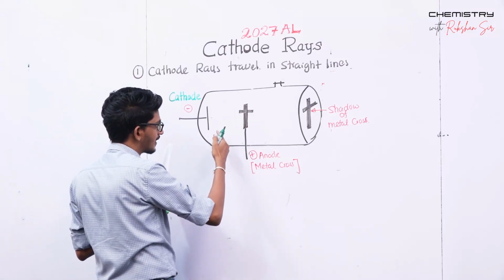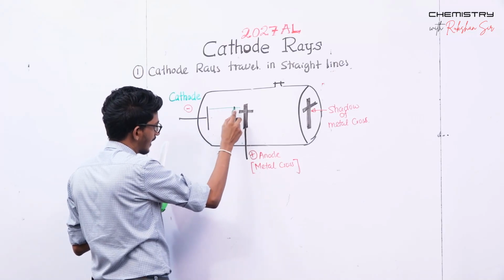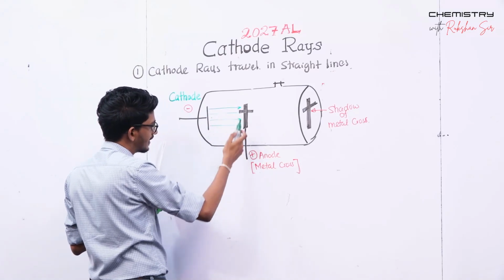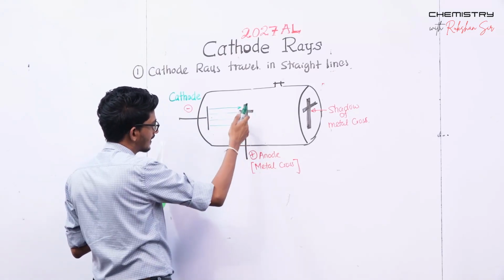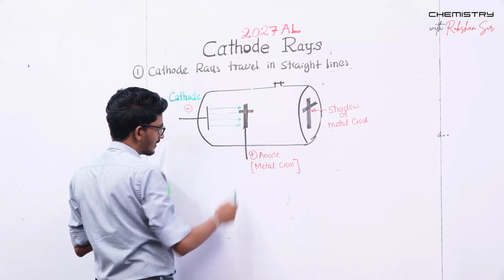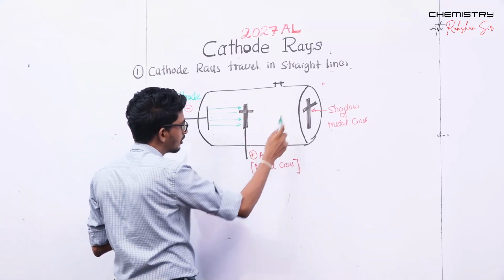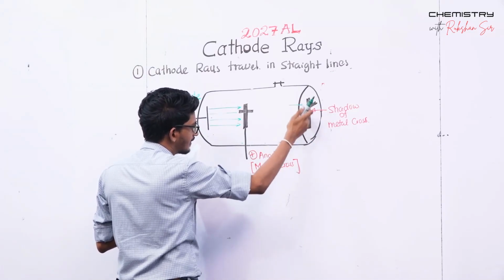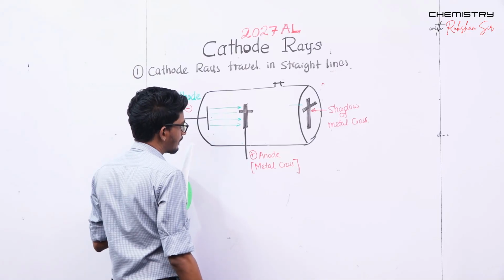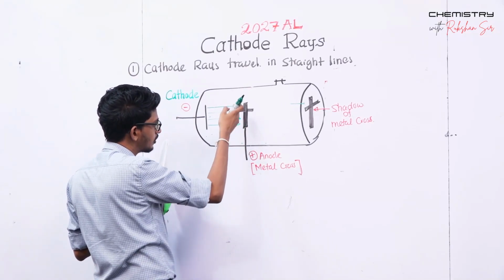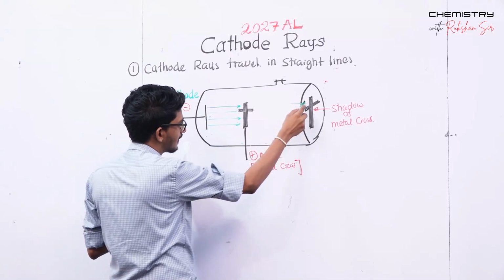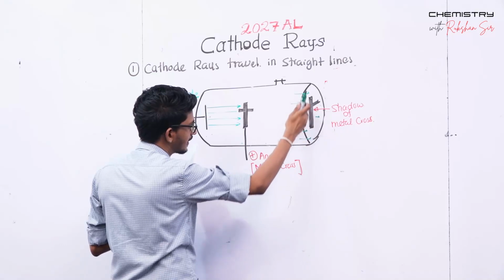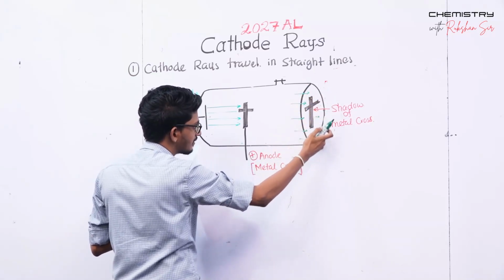The cathode rays which came directly to the opaque object won't go through it, so those won't be able to hit the places at the end opposite to the cathode. But the other cathode rays which were able to pass the opaque object will hit the places here, so that is why the green color glowings appeared at these places.